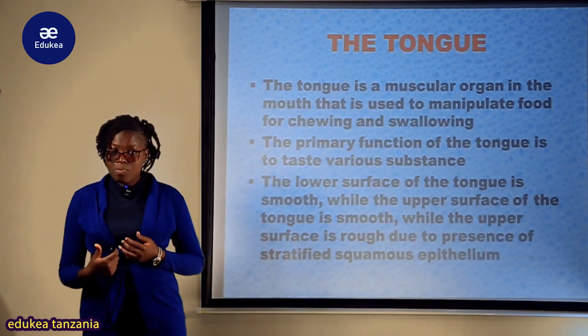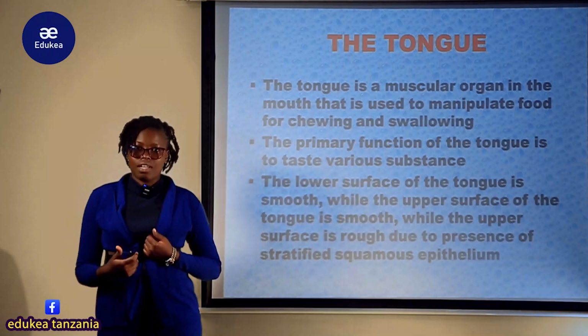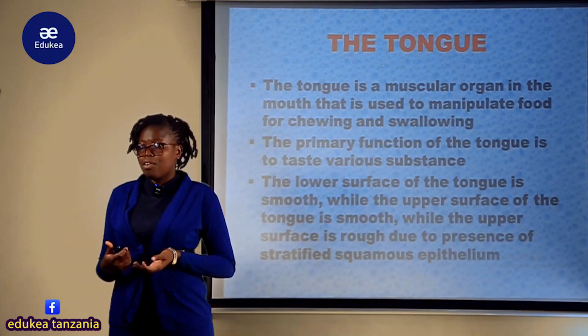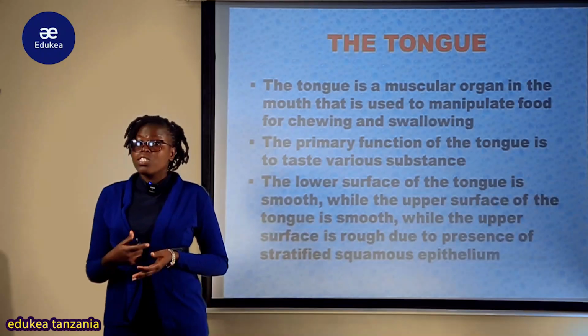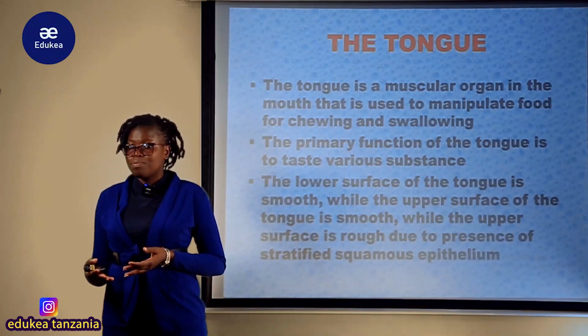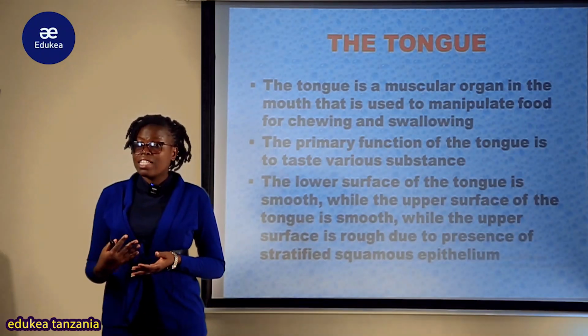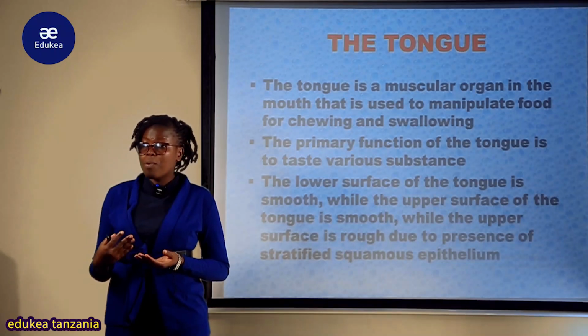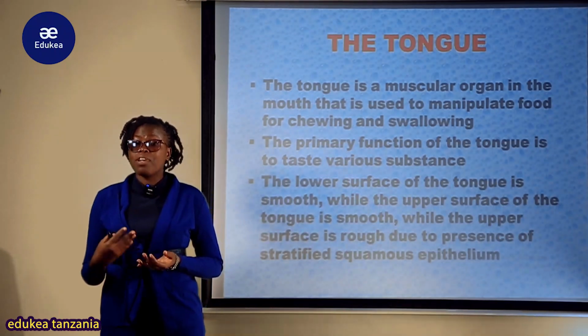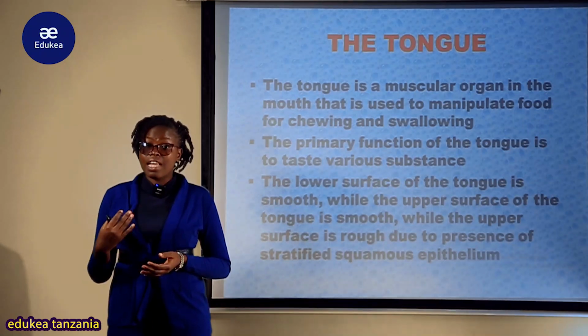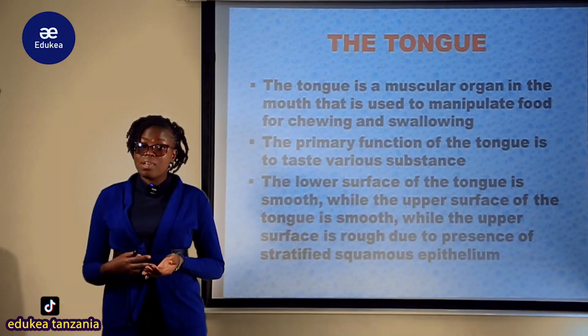In digestion, we have looked at the function of the tongue, where within the mouth there is saliva, whose work is softening of the food so that it can be easily swallowed. Saliva may contain the enzyme salivary amylase, which is basic in nature.